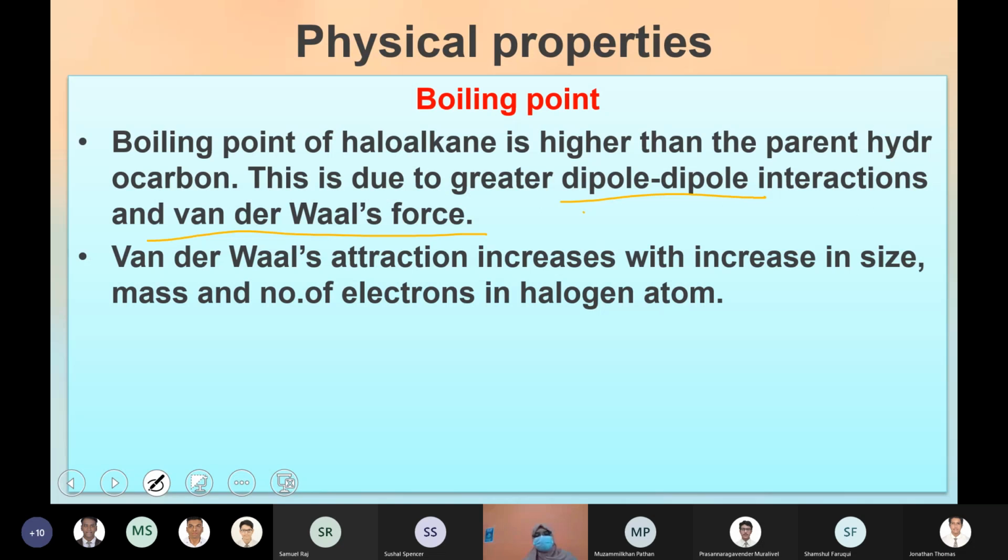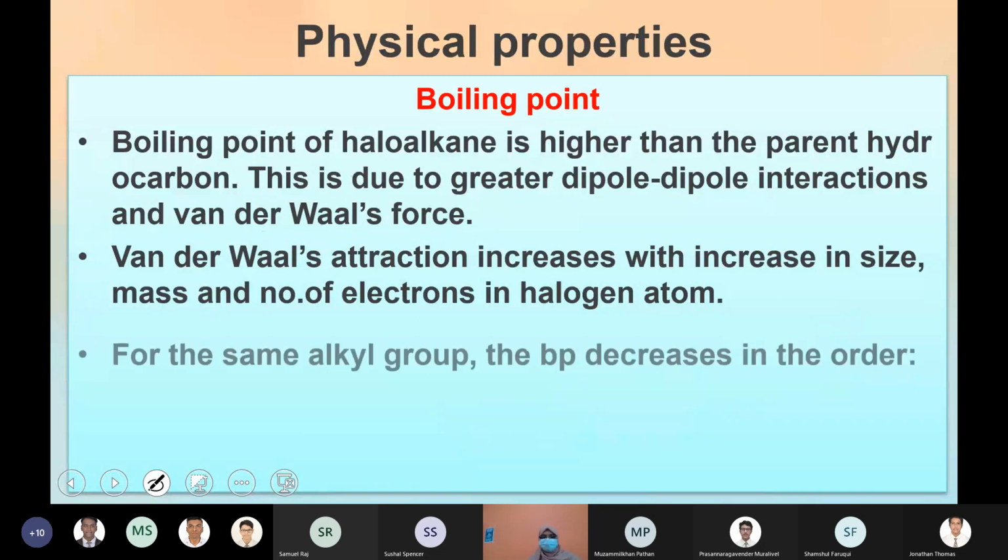But a dipole is a permanent dipole. In the carbon-halogen bond, positive charge is there on carbon and negative charge is there on the halogen permanently. So it's a permanent dipole interaction. So they are strong. The next molecule will align automatically because there is attraction between positive and negative. So that's about the boiling point.